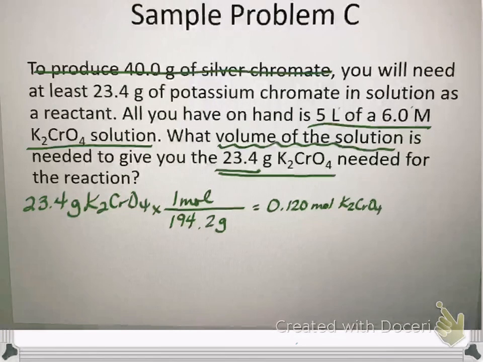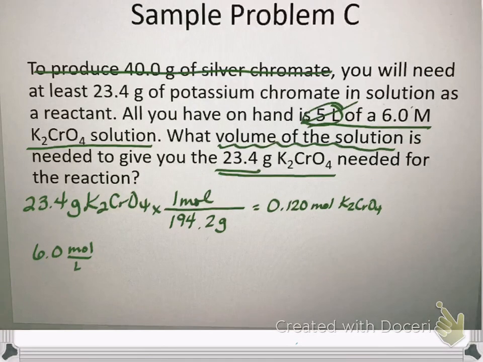So what this literally means is this is how many moles I need. Now, you have 5 liters of a 6 molar solution. I may not need all 5 of those liters. So let's see how many we're going to need, I should say. So again, you have a 6 molar solution, right?